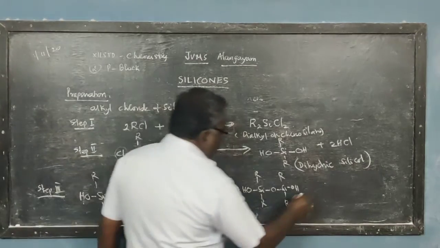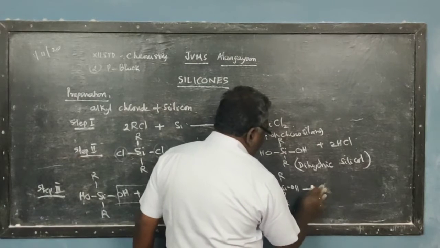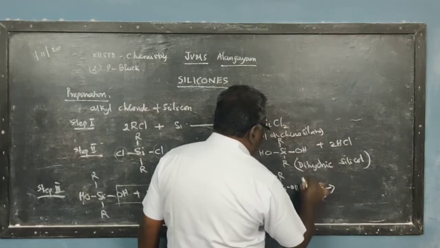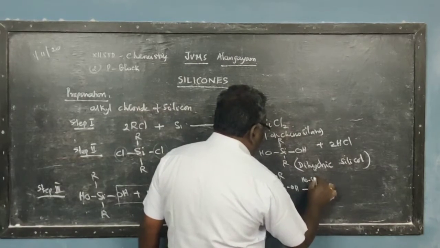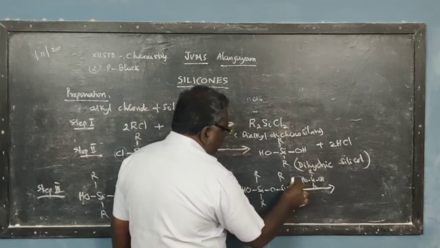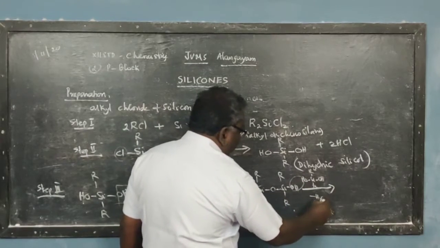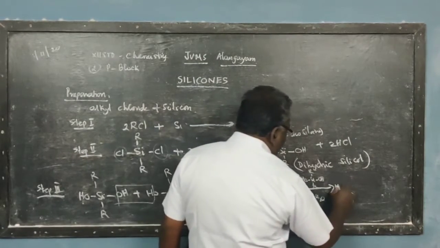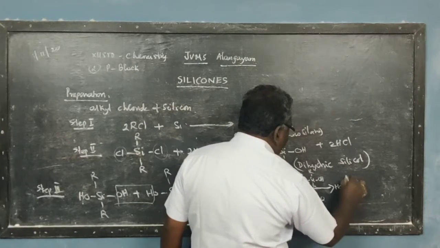This can continue. Suppose you heat this molecule with one more molecule of Si(OH)2R2. If this is heated, water molecules will go out. Now we get 3 units.